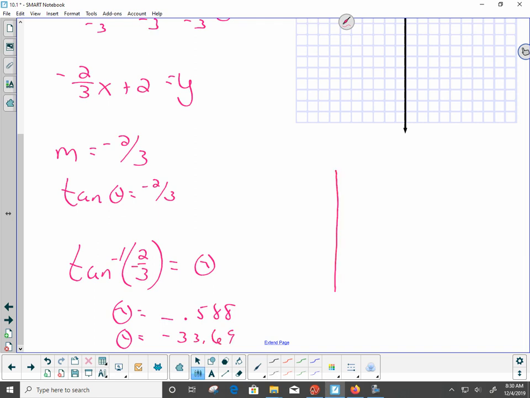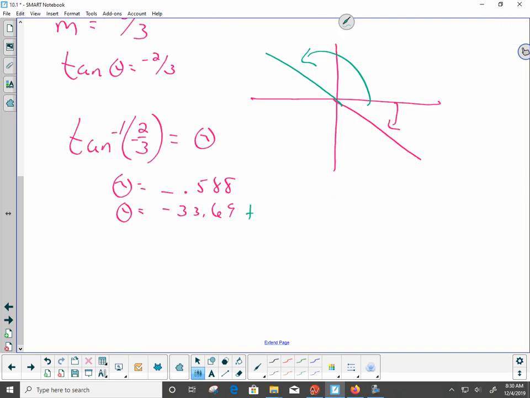It's giving me this angle down here. I actually want this angle up here. What can I do to make it in the second quadrant when it's in the fourth quadrant? Add 180 if I'm in degrees. And what am I going to add to the radians?